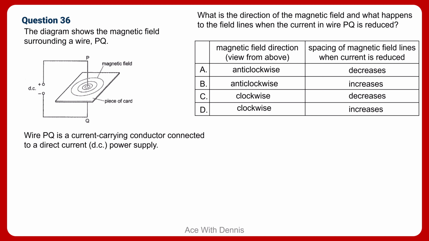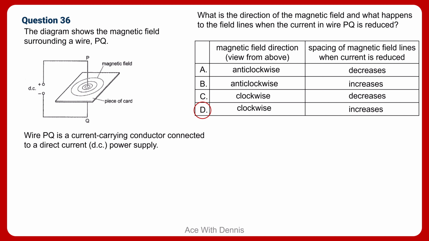Option D, magnetic field direction is clockwise while spacing of magnetic field lines increases. The answer is D. Magnetic field direction is clockwise and spacing of magnetic field lines increases.